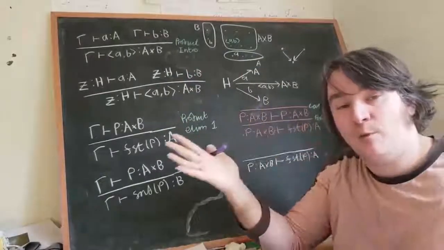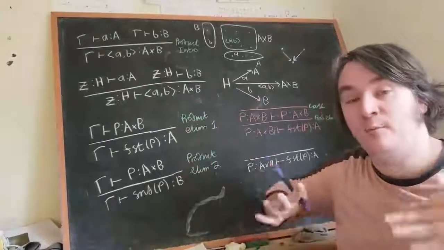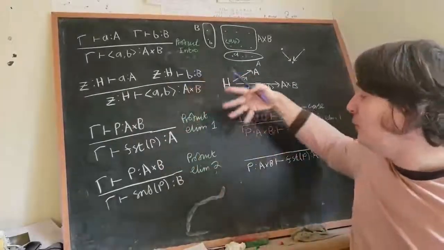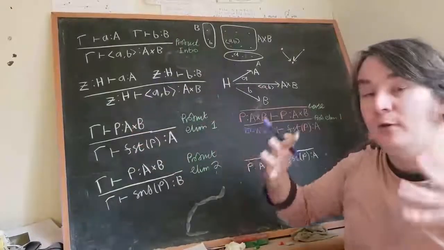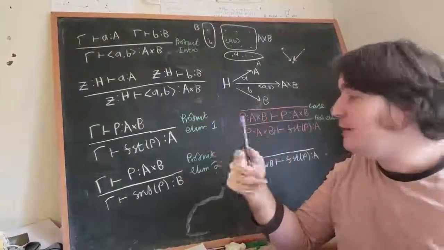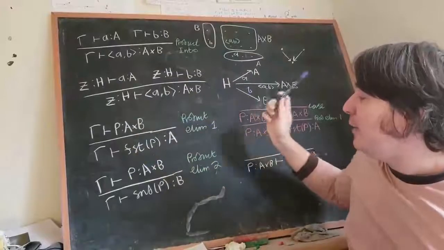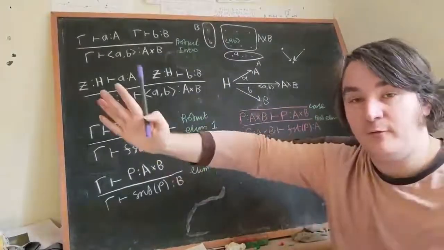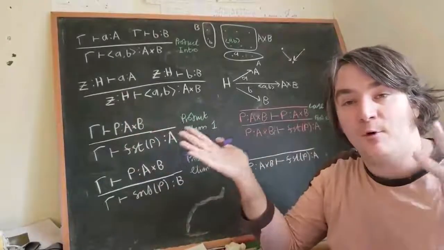The other thing is, how can we use those values? The way that we use values of a particular type is by using elimination rules, or destructors. The idea is they allow us to take a value of a particular type and transform it into something, ideally something more familiar.